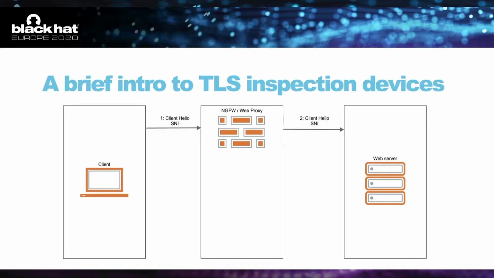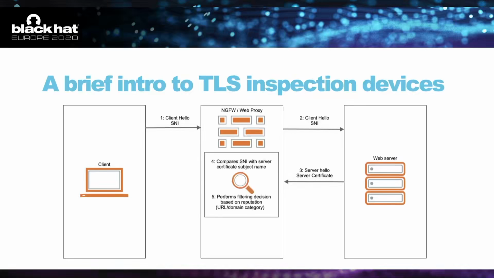And in step two, the TLS inspection device forwards this to the server. In step three, the server responds with a server hello and a server certificate, upon which the next generation firewall or web proxy TLS inspection device performs the following. In step four, it compares the SNI with the server certificate subject name, thereby authenticating the server.